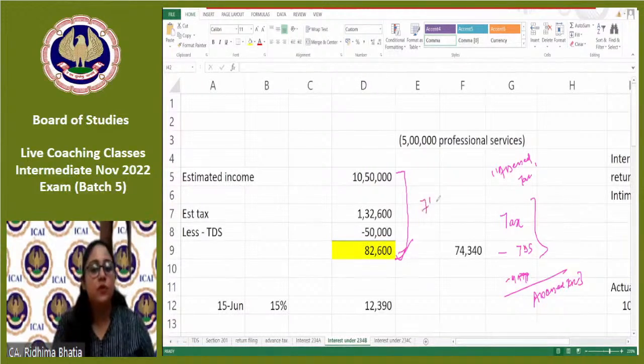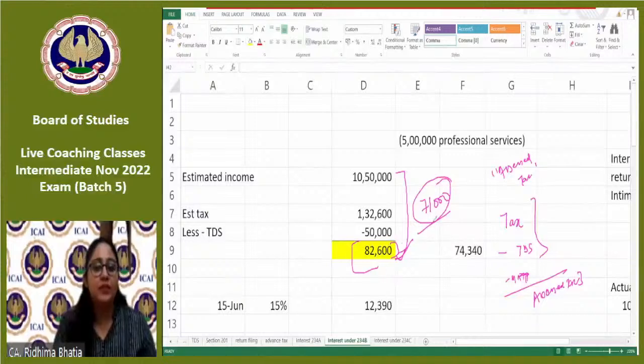I have deposited how much? 71,000 in total of advance tax in 4 installments. I had to deposit how much? 82,600. Now first I will check whether this is less than 90% or not. The 90% of 82,600, you'll get 74,340.